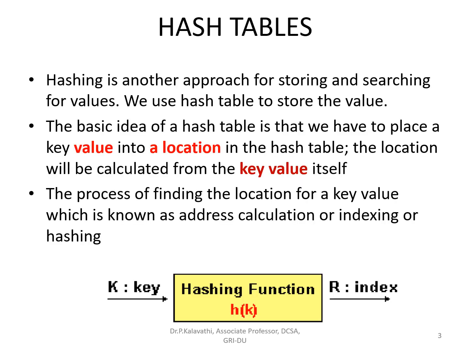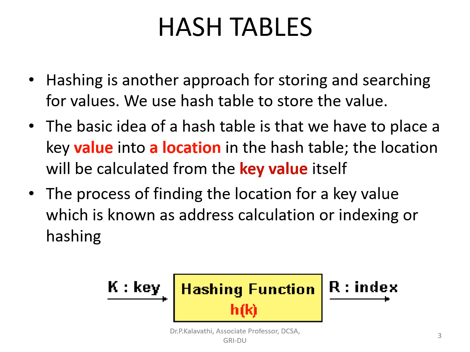Hashing is an approach for storing and searching for values. In the hash table, we need to store the value at a particular location based on the key value. That is, the location is calculated from the key value itself.